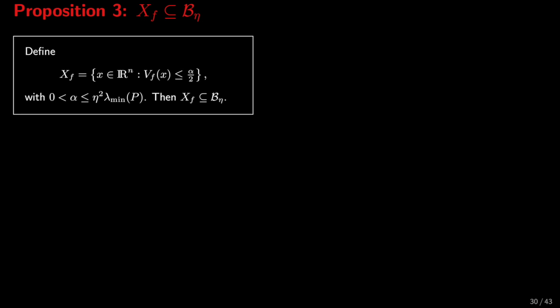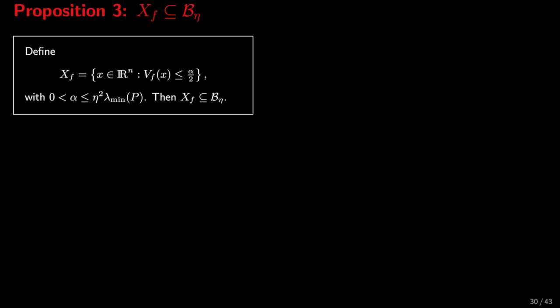The third proposition states that if we choose α to be a positive number that does not exceed η squared times the minimum eigenvalue of P, then Xf, the sublevel set of Vf at level α/2, is indeed a subset of the ball of radius η.